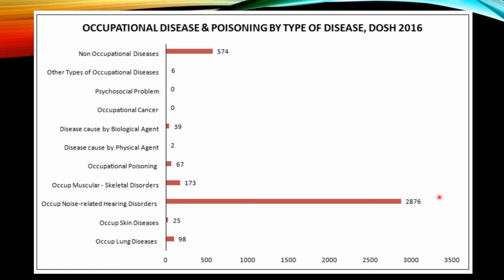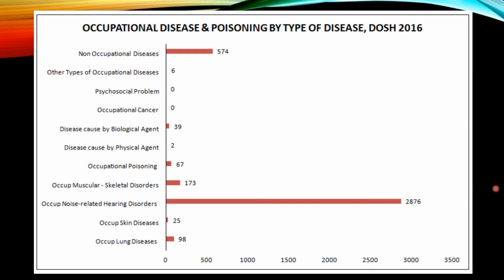What do you think would be the correct answer? Do you think it's because Malaysia is a very noisy country, or Malaysians in general have very sensitive ears, or any other possibilities?